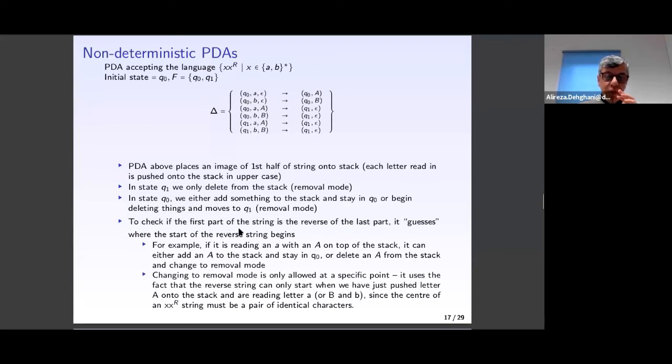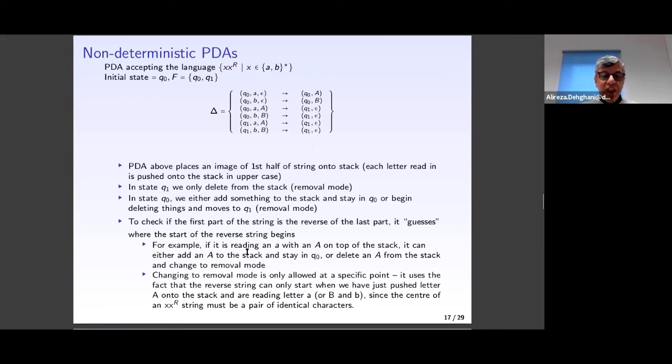To check if the first part of the string is the reverse of the last part, it guesses where the start of this reverse string begins. Since Q1 starts to pop things from the stack, to finish the whole string and accept it, we need at some stage to switch from Q0 to Q1. That's the main mission, and the machine tries to guess where the reverse string starts.